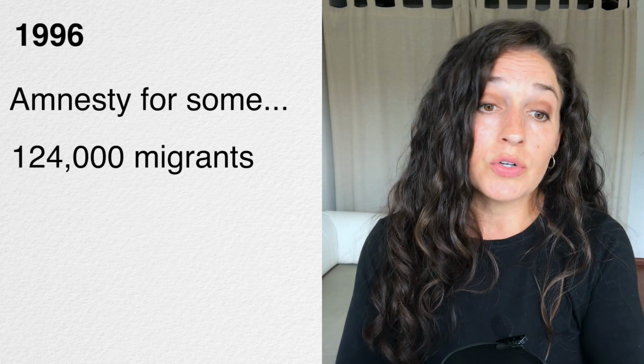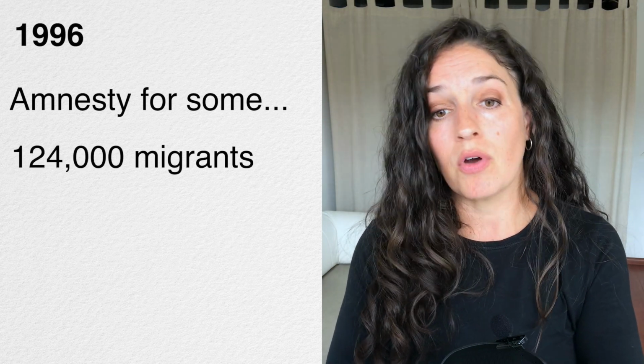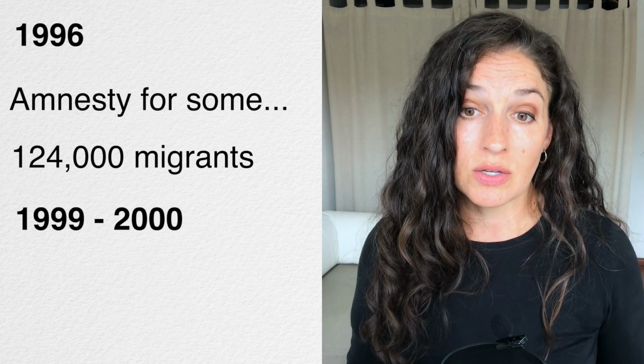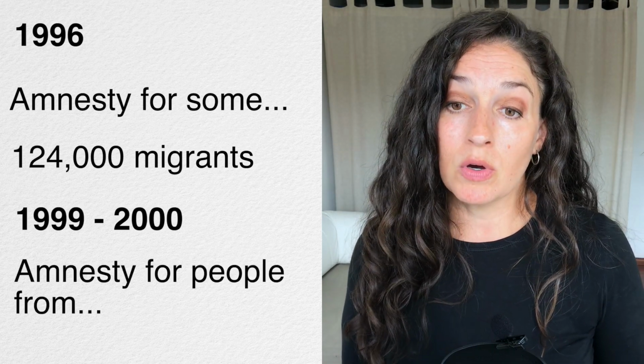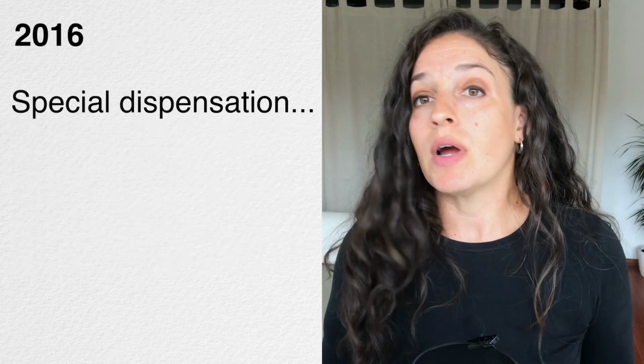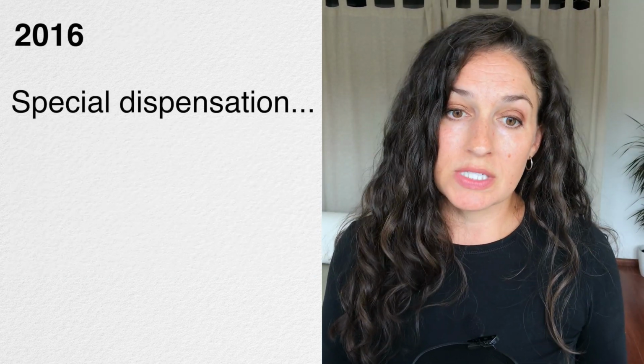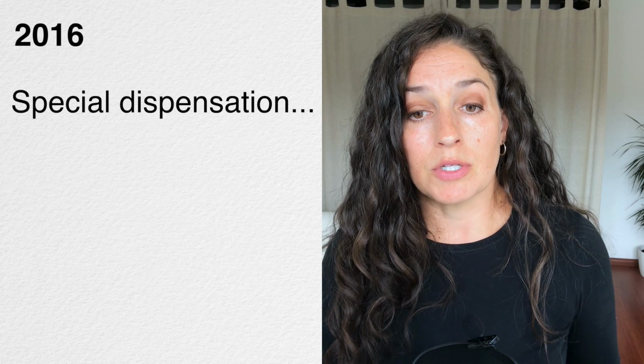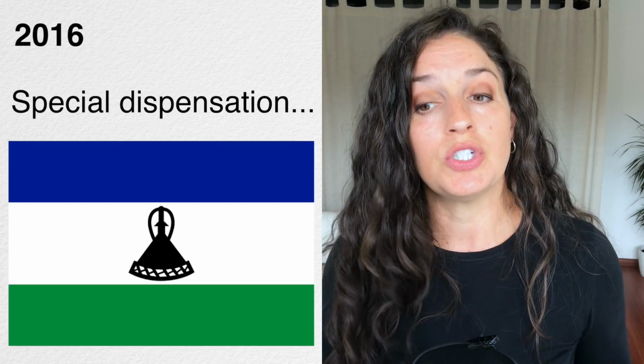This first brought 124,000 migrants, and from 1999 to 2000, there was an amnesty for people from Mozambique, and from 2009 to 2010, there was also a special dispensation for Zimbabweans during the hyperinflation crisis. And finally, in 2016, there was a special dispensation for Basotho, Lesotho citizens who wished to stay in South Africa. They only received 48,000 applications when they had expected around 400,000.